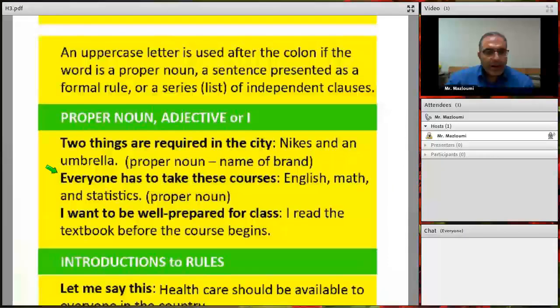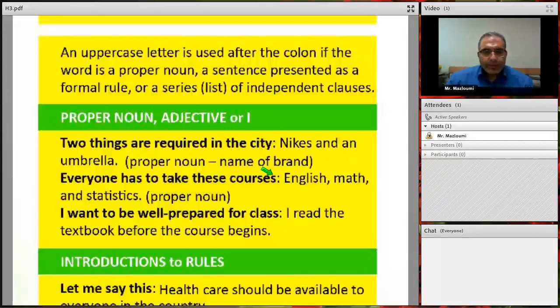Another example. Everyone has to take 3 courses: English, Math, and Statistics. Well, you know, in statistics we deal with charts, with numbers, okay? So everyone has to take 3 courses. What are these 3 courses?